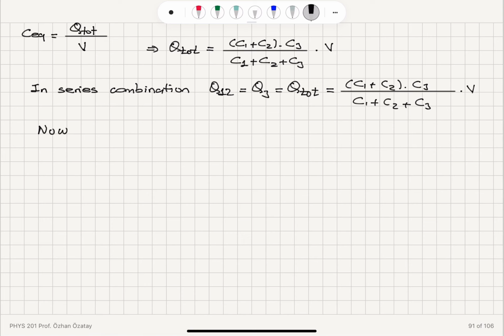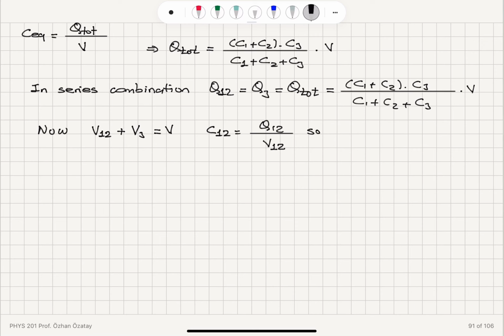Now, the potential difference across C12 and C3 is V12 plus V3. That's equal to the potential of the battery, V. And C12 is the charge stored, Q12, divided by V12.